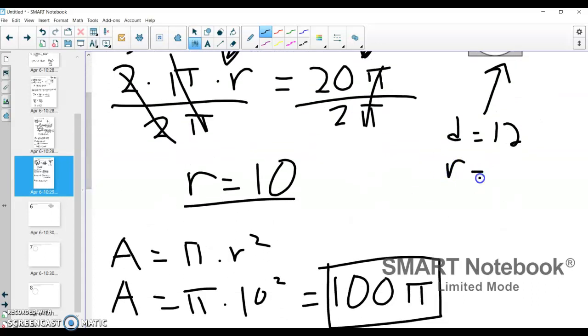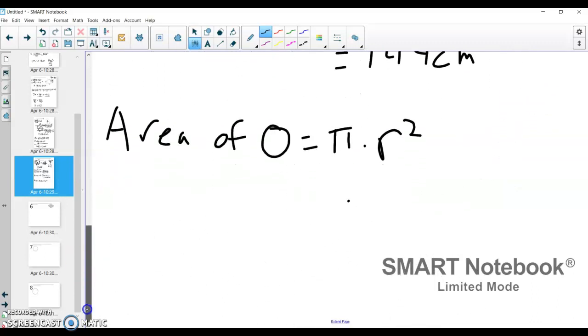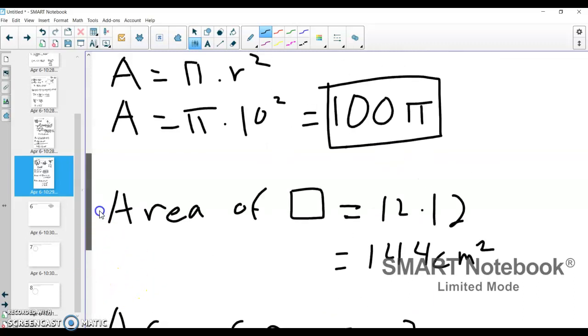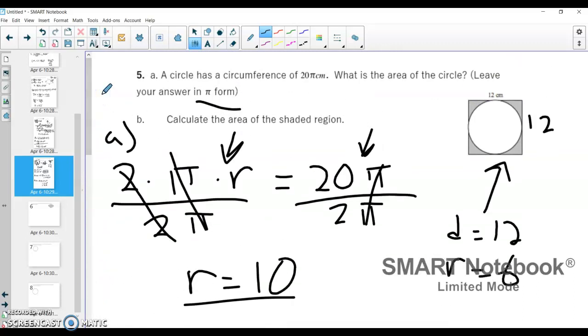And so my radius must be 6. And now I can find out what that area of that circle is by plugging 6 in for r. And I get pi times 6 squared, which gives me an answer of 36 pi. Okay? Now, if I want to find the area of the shaded region, well, the shaded region is really just this square minus the circle.